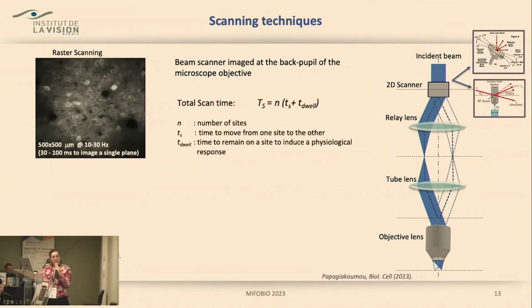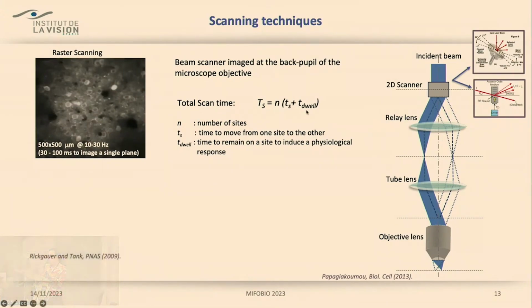Particularly for using this for optogenetics, the problem is that scanning methods are relatively slow compared to the time scale of physiological responses and reactions of neurons. So we are limited by the dwell time that we need to stay on a specific location to induce a physiological response.